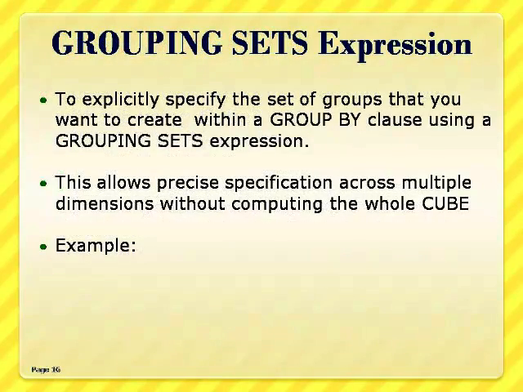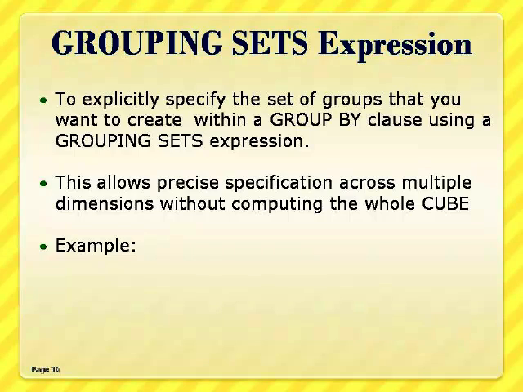Grouping sets expression. For more flexibility than provided by the cube and rollup operators, you can use the grouping sets operator. When you use the grouping sets operator, you explicitly specify the combinations of columns for which you need totals. In contrast, the specification of subtotals is implicit in the case of cube and rollup extensions. The grouping sets operator is appropriate when precise control over grouping is needed.